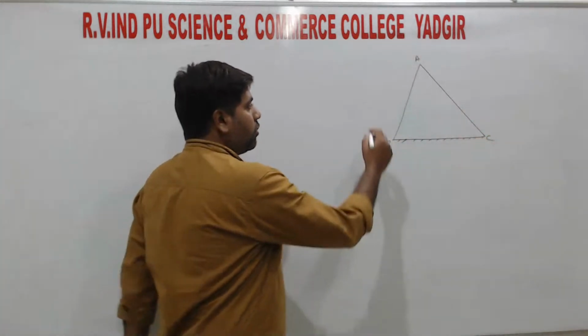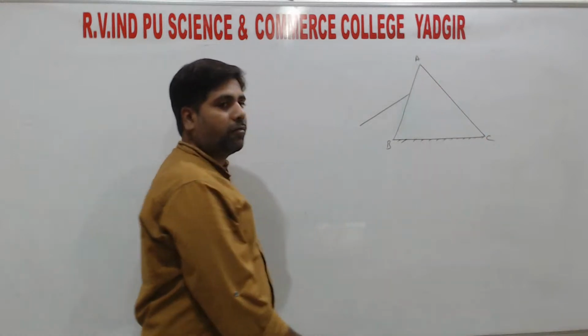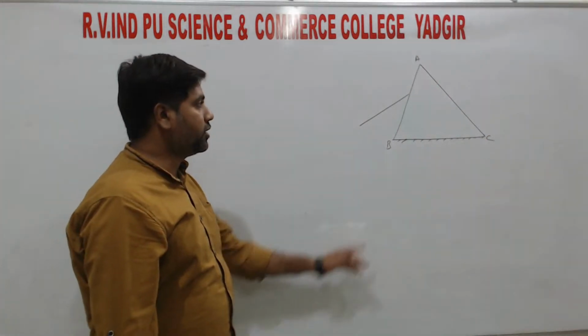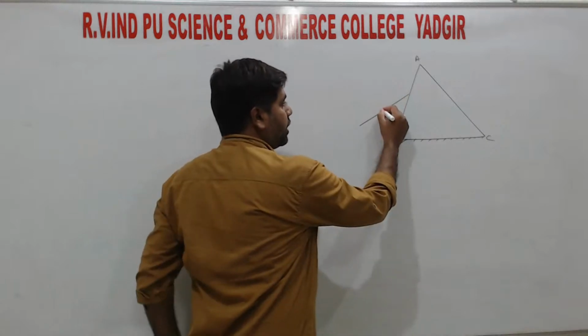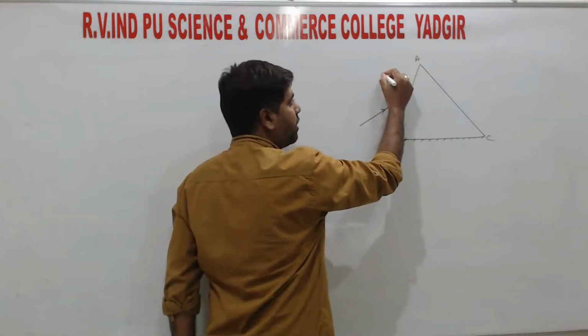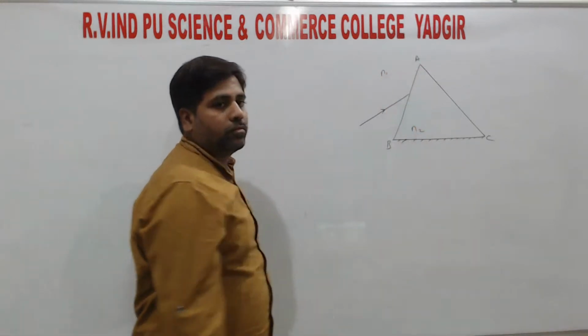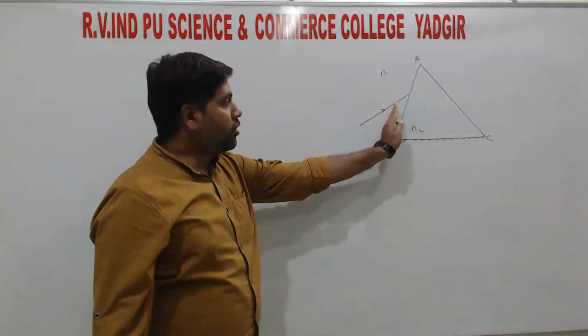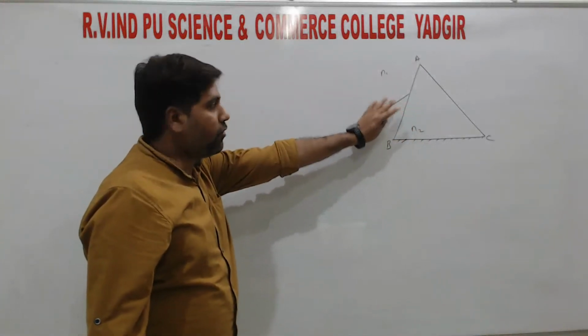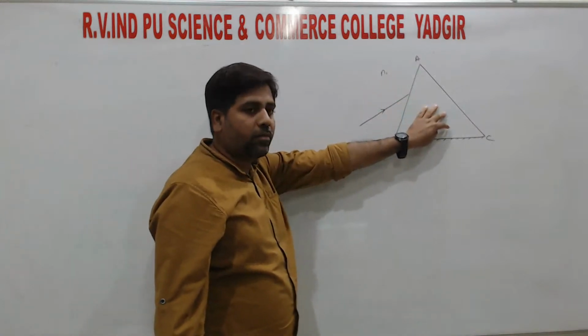Right? So now when a ray of light is incident on the first refracting surface, that is AB, the prism has refractive index, here N1 and N2, two different refractive indices. If we consider air as the rarer medium, the prism is the denser medium.